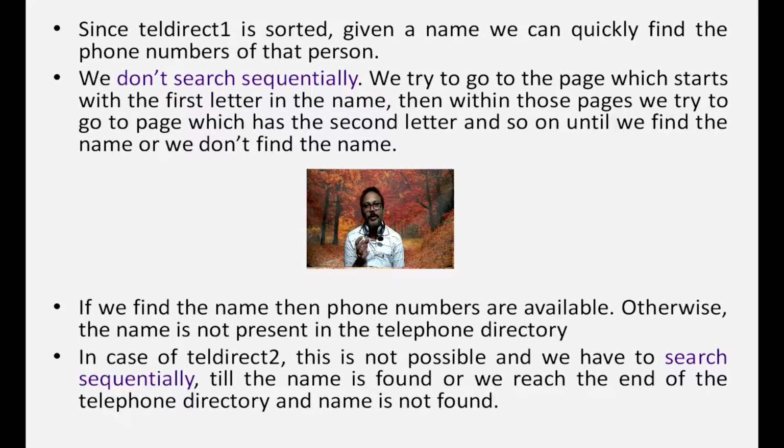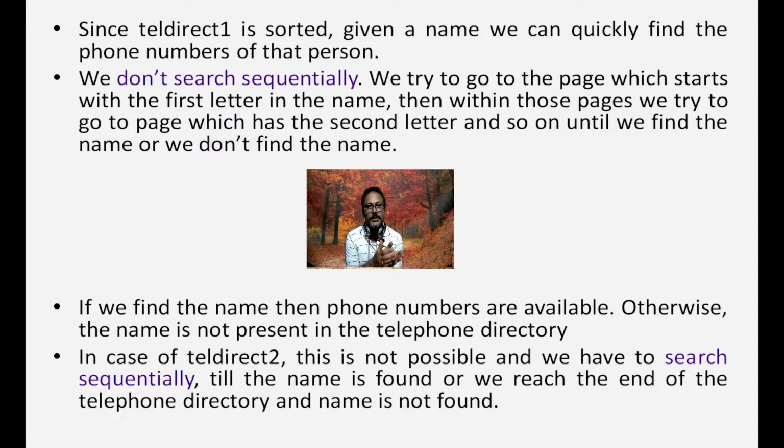So why does it become easy to find the phone number if data is organized in sorted order? That means in what way the data organization, the data structure, is influencing our algorithm complexity, our procedure complexity. In what way?